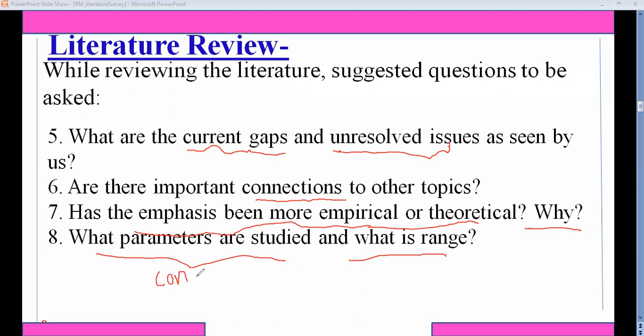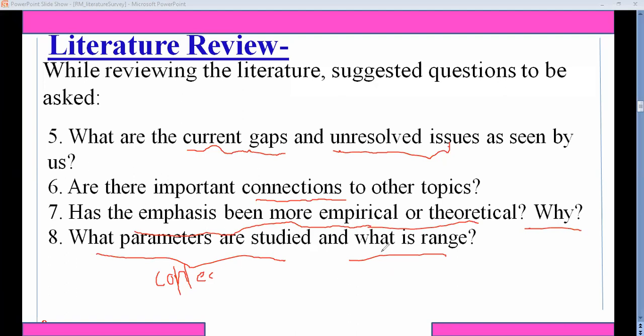Which instrument, which device have they used? How have they collected the data? What precautions were taken? All these things we have to carefully take into account, because the question will be asked by the expert during the defense or during your progress. So you need to be very careful about this.